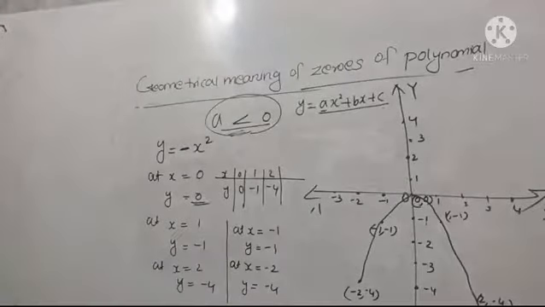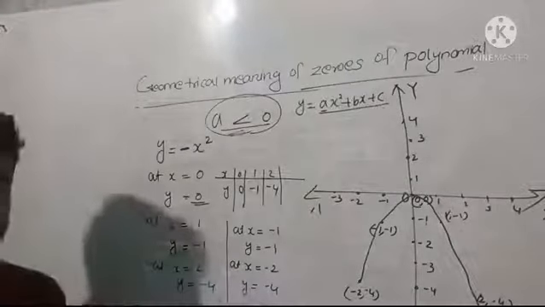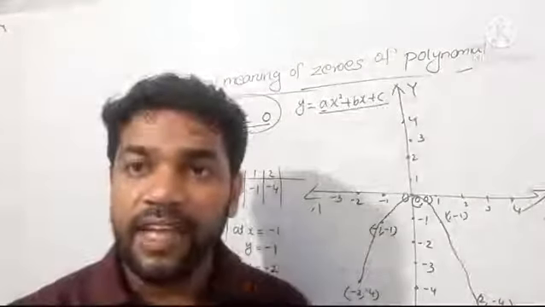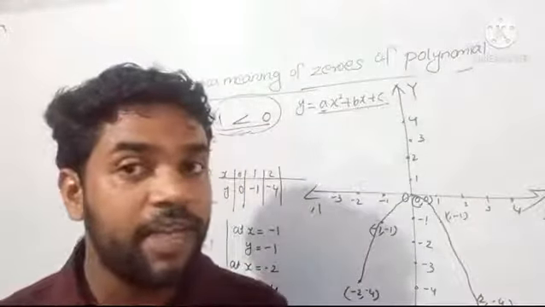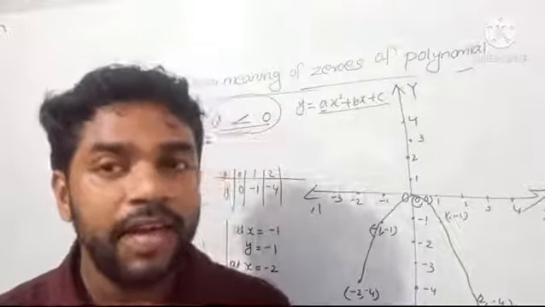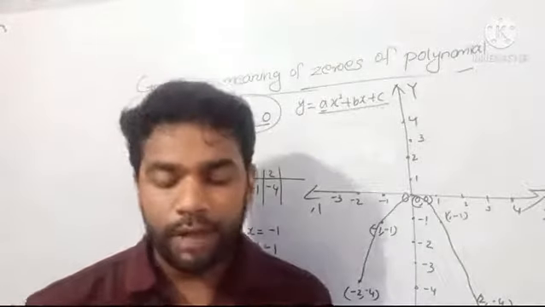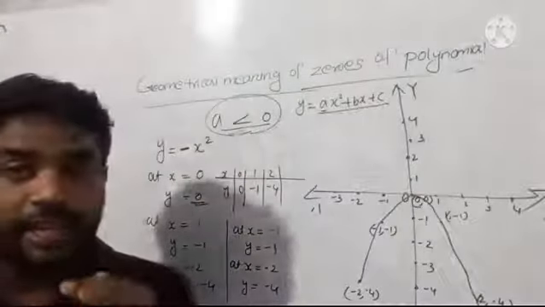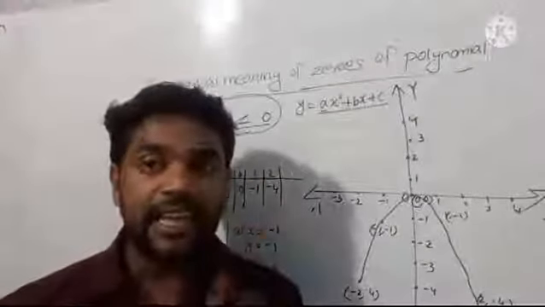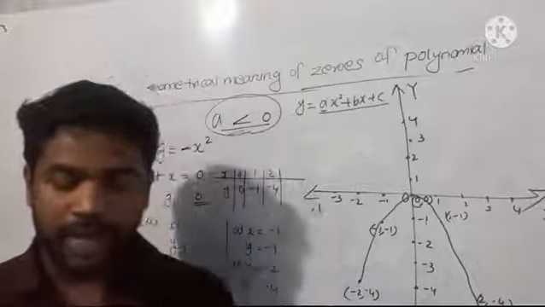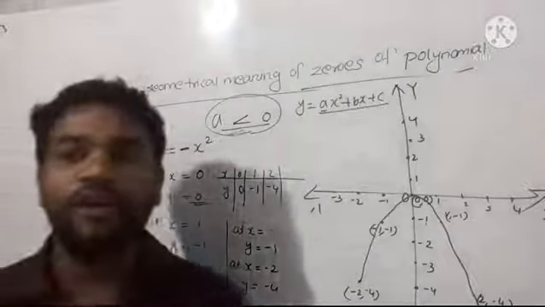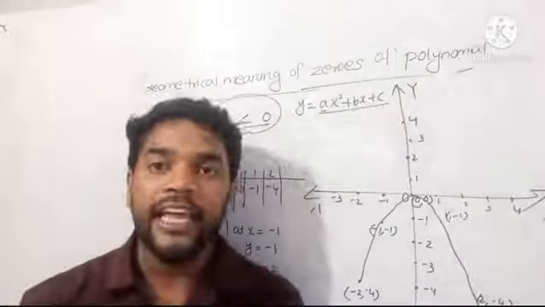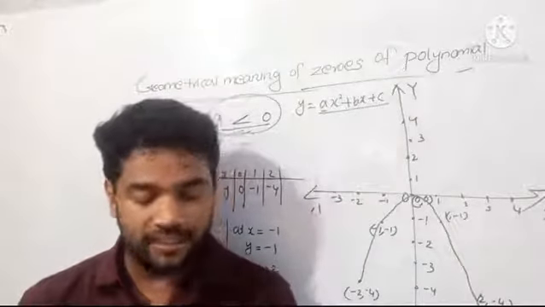So a quadratic polynomial has at most 2 zeros, which means a maximum of 2 zeros. It can have no zeros, 1 zero, or 2 zeros. Then a linear polynomial has exactly 1 zero.